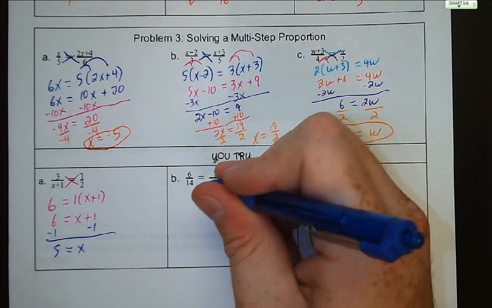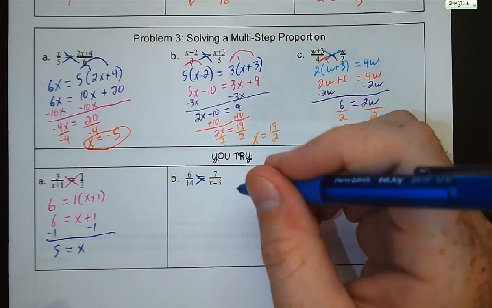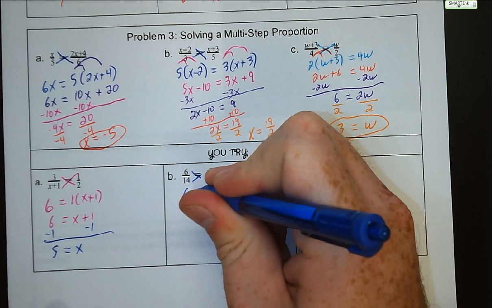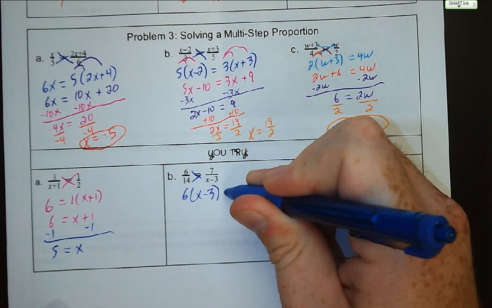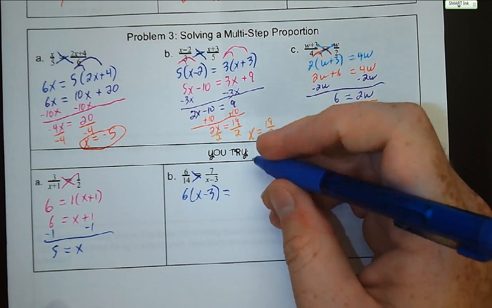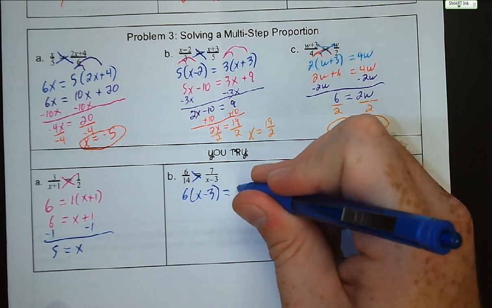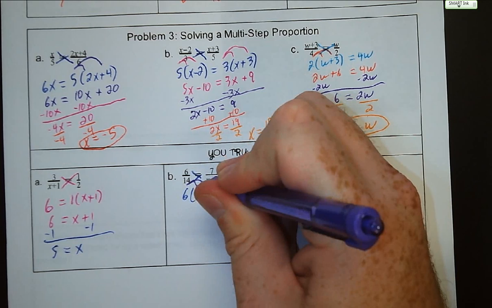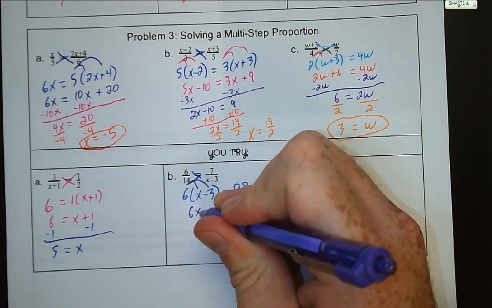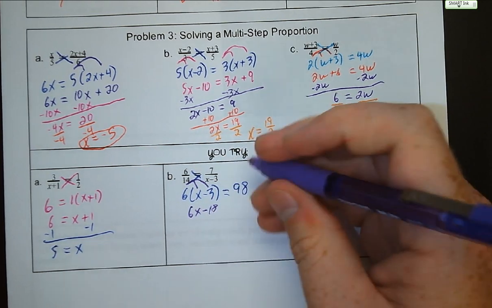Letter B, cross multiply again. We're going to have 6 times (x minus 3) is equal to 14 times 7, which is 98. Distributive property, 6x minus 18 is equal to 98.